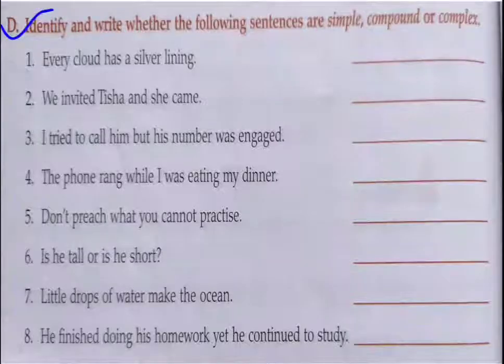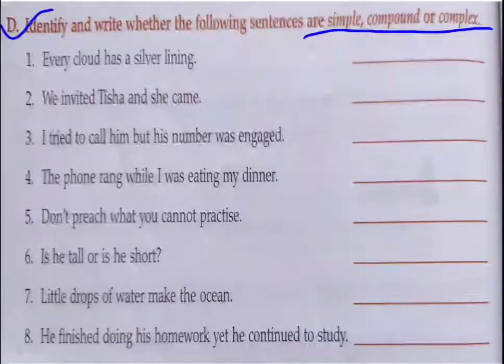Identify and write whether the following sentences are simple, compound or complex. Once again I remind you, in a simple sentence only one clause will come, that is subject and predicate, verb will come. Complex sentence means one main clause and more than one subordinate clause. And compound sentence means both main clauses.